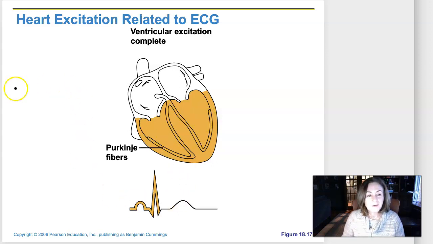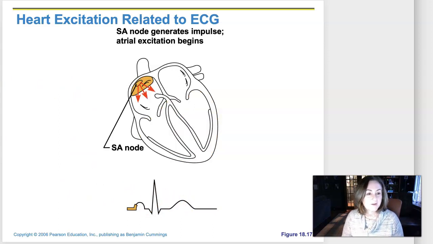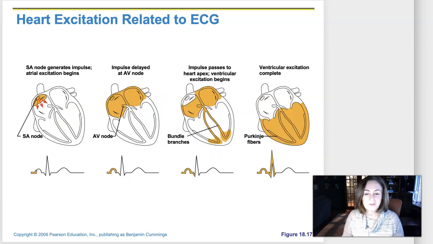So through these pictures, they're showing us a little tracing here, which is an ECG, an electrocardiogram. Let's look at the summary. Because the depolarization is an electrical event, what we can do, and I'm sure you've seen this or maybe even had this done, is put electrodes on the surface of the skin and just measure the electrical changes that are originating in the heart.